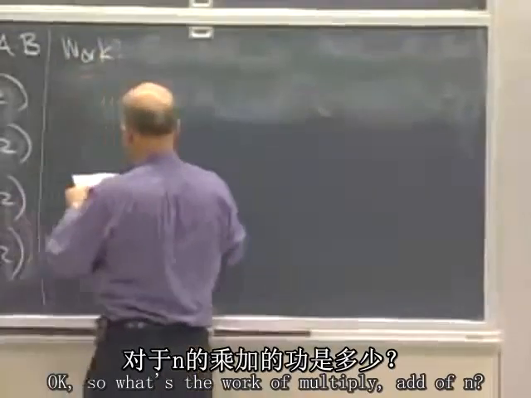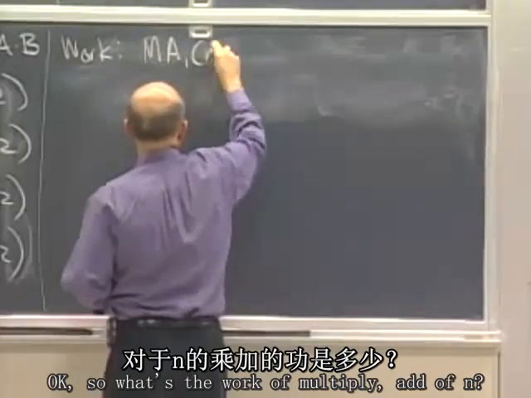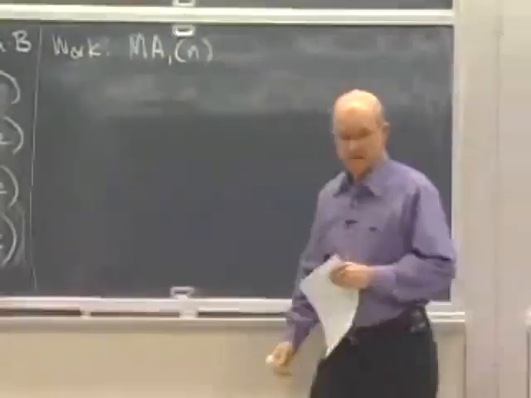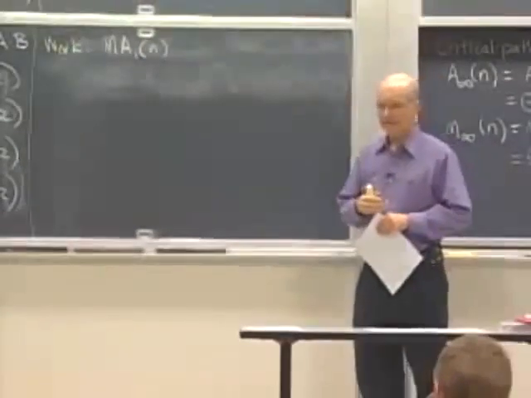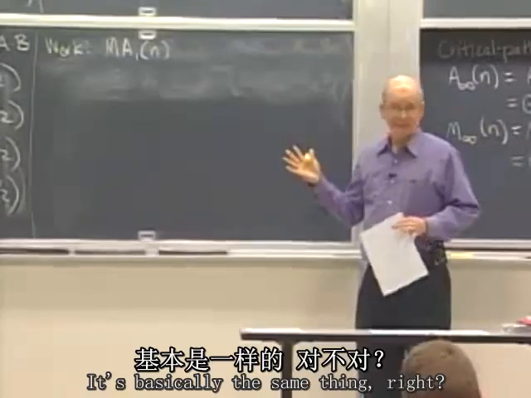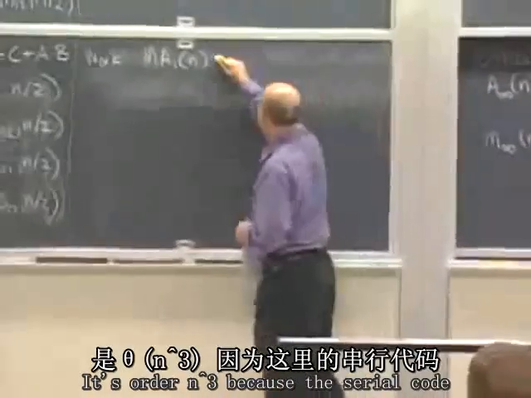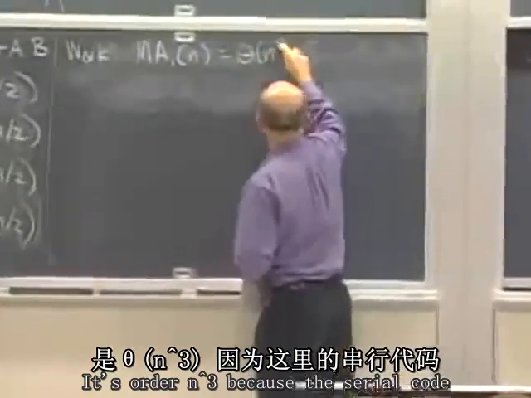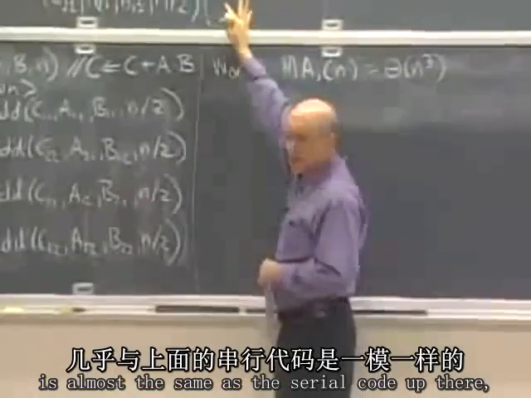Okay, so what's the work of multiply add of n? It's basically the same thing, right? It's order n cubed because the serial code is almost the same as the serial code up there.